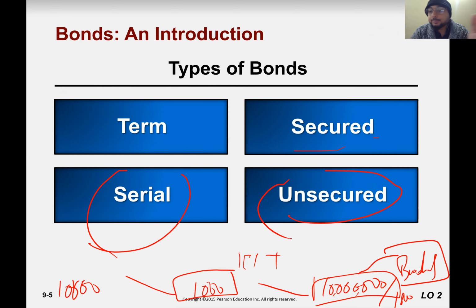Unsecured loans, which are risky, and in which the company says that, look, we are issuing a $10 million loan, and one bond is going to be worth $1,000, and there are going to be 10,000 bonds issued in the market, and these are unsecured.